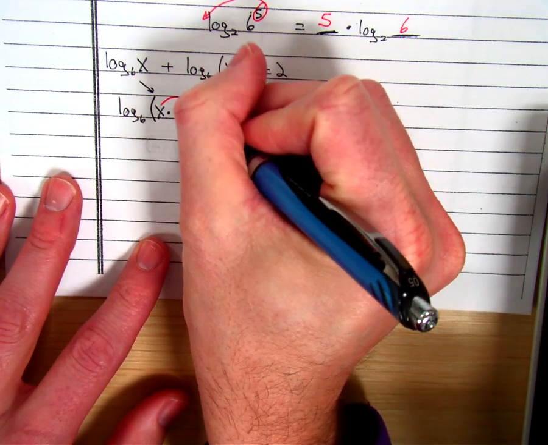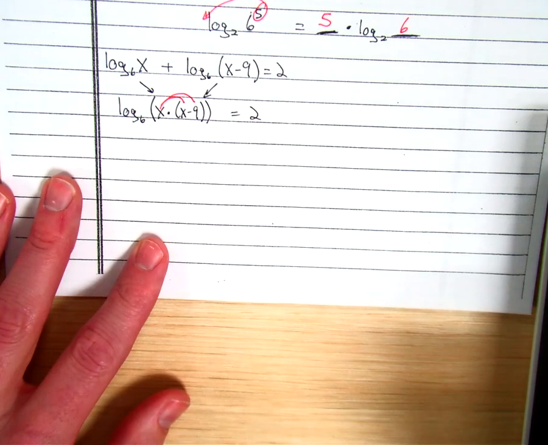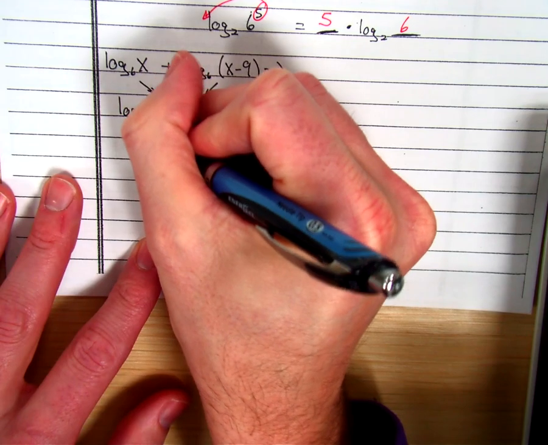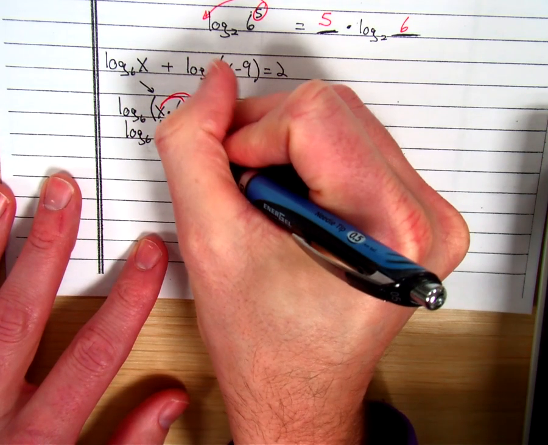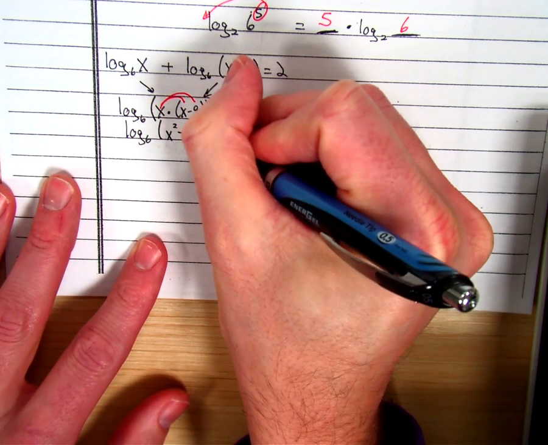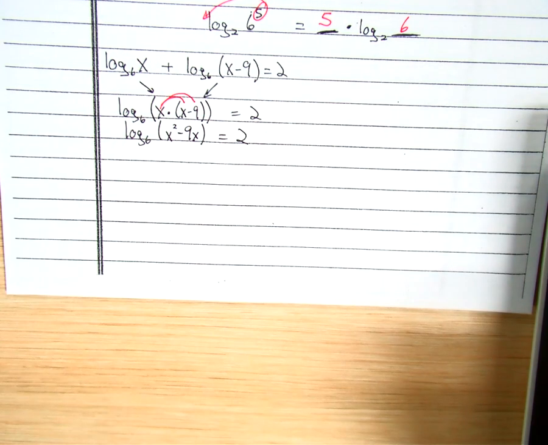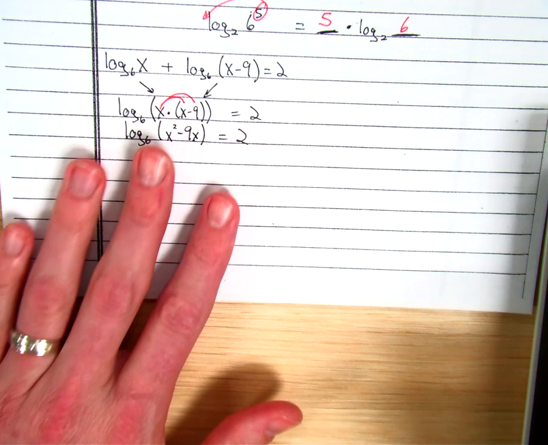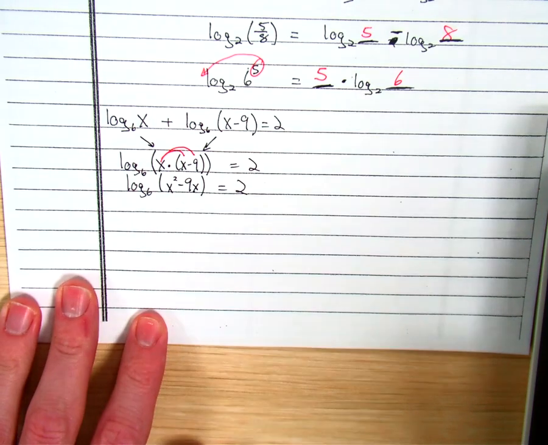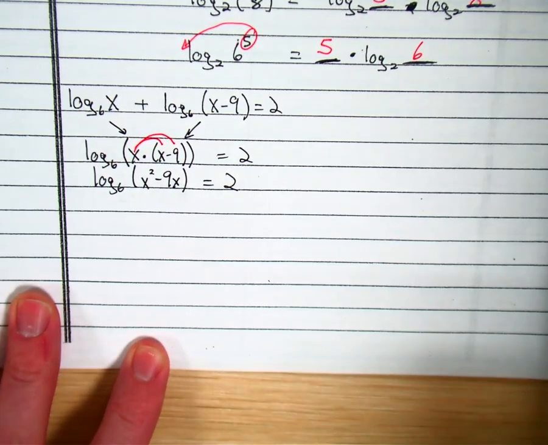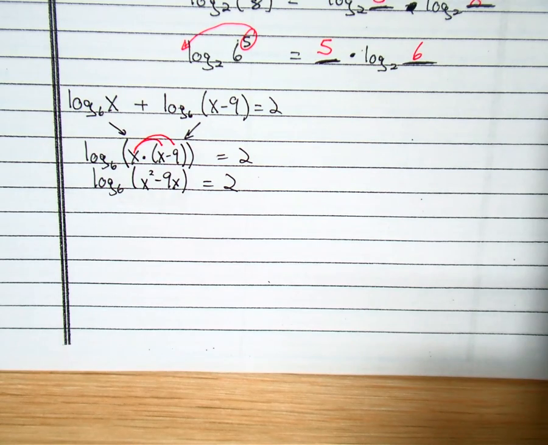And then we distribute that x inside. x squared minus 9x. Okay, we've got everything put back together. And we have log base 6 of x squared minus 9x equals 2.